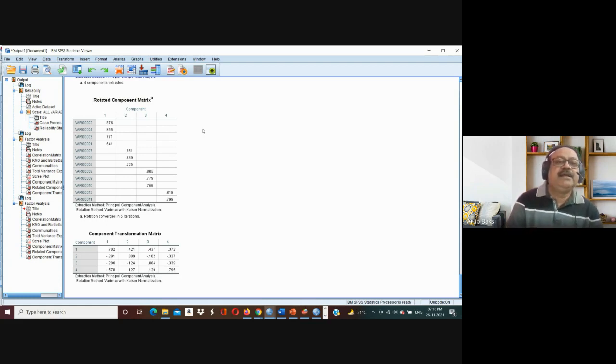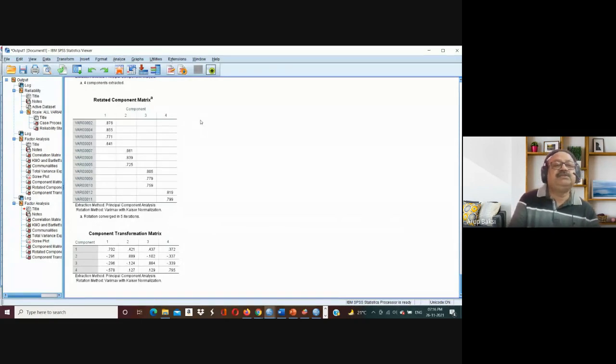Now you may start with a blank sheet, that means there is no preconceived dimension or component name. So what is the technique of naming these components or factors? How can I name them?